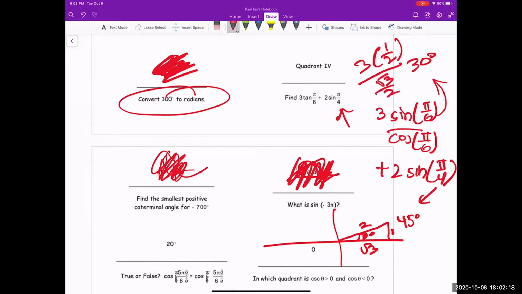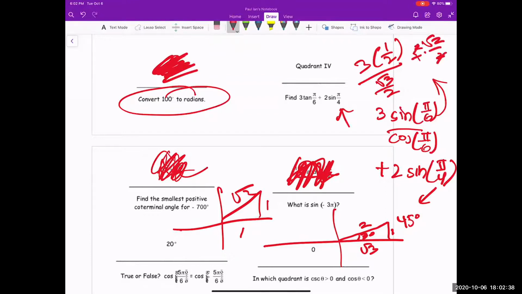And then what is this? The 45 degree one is going to be 1, 1, root 2. So that's going to be 1 over root 2, or root 2 over 2. Plus root 2 over 2 times 2.